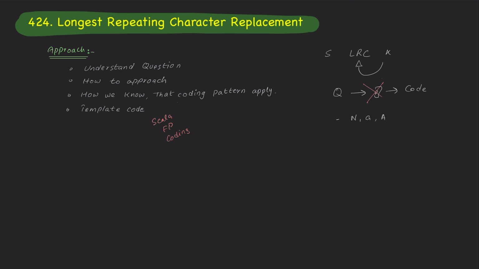What type of string is it? Maybe it doesn't impact anything, but they will clarify, okay, it has capital letters only or small letters, etc. Then you have to clarify: should I return the exact substring also, or are you expecting the size of the longest repeating character substring? Then you may ask, is it sorted or not, etc.